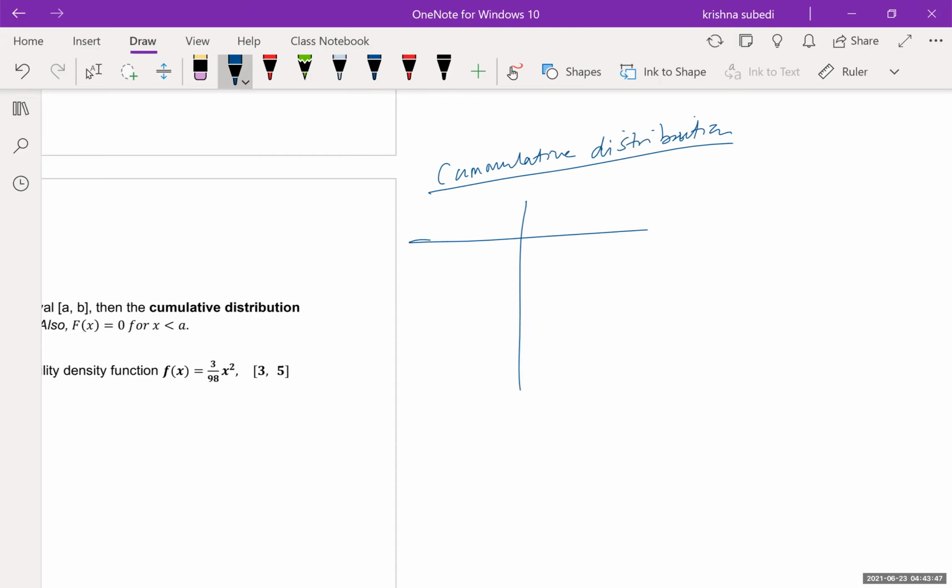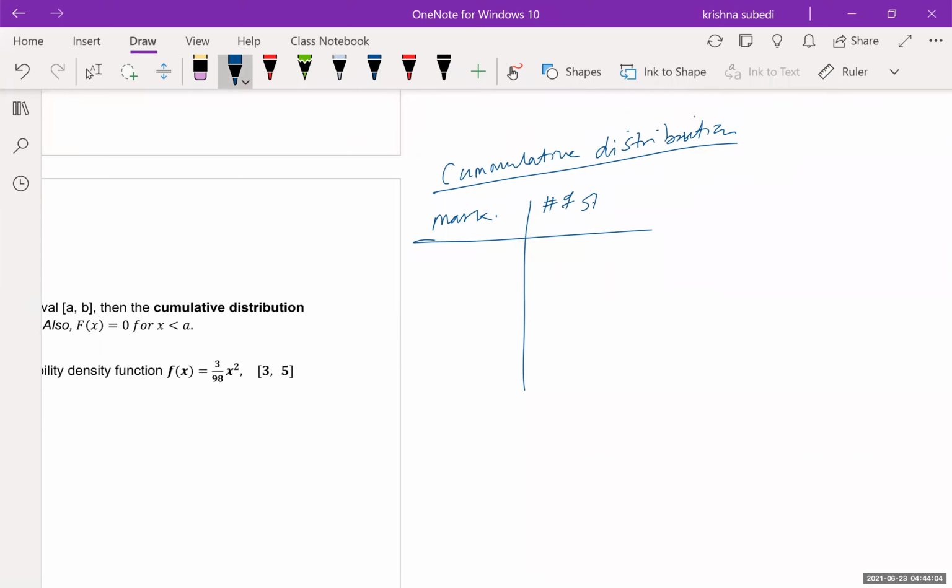Suppose this is the marks in a math exam, and this is the number of students, which we denote by frequency, and this is the cumulative frequency, which means CF.